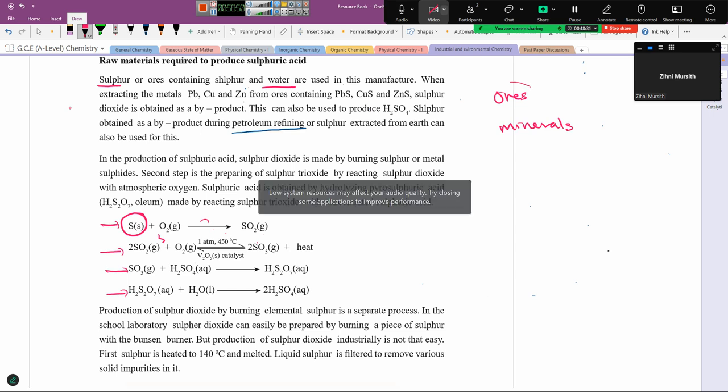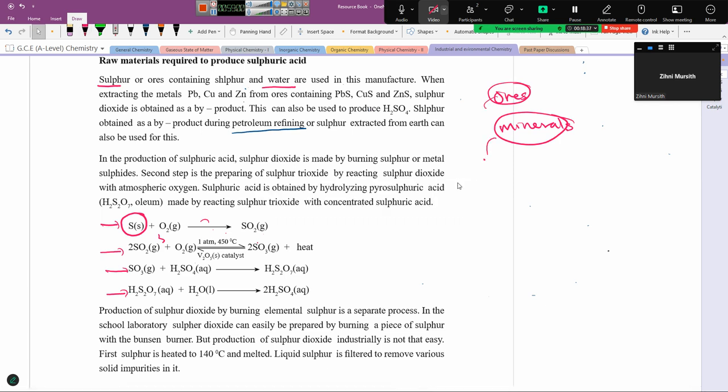We should know what is an ore and what is a mineral. Can you define the terms ores and minerals? Ores are rocks that are impure with metals. And minerals?